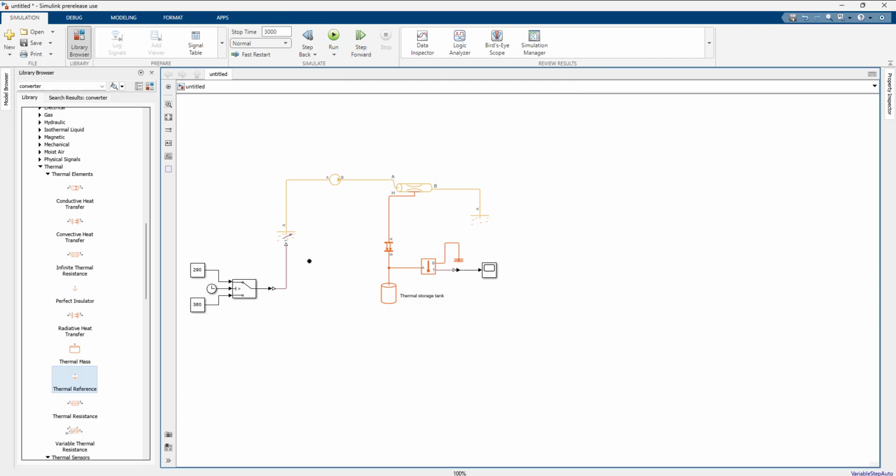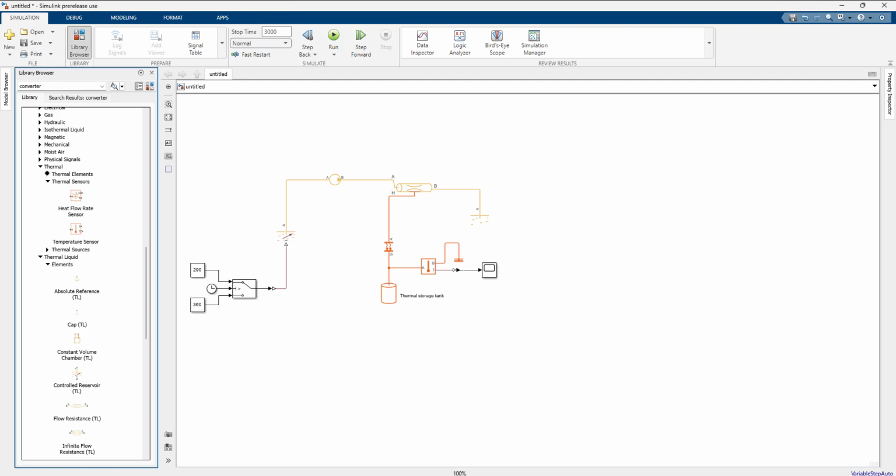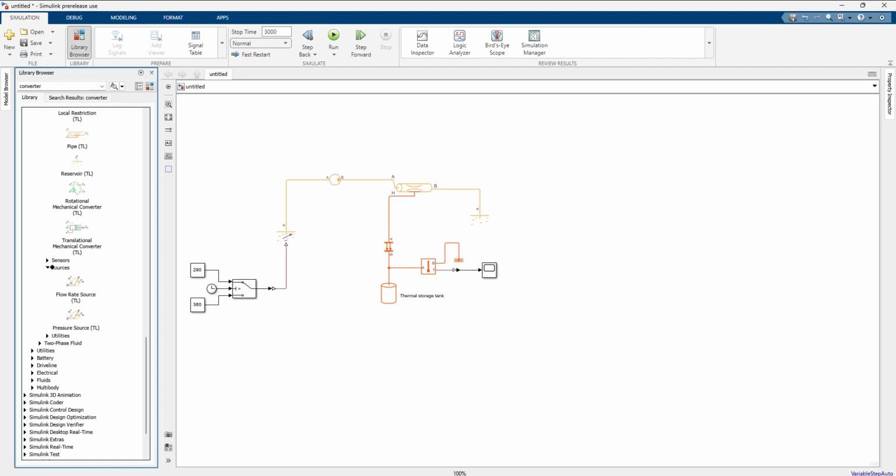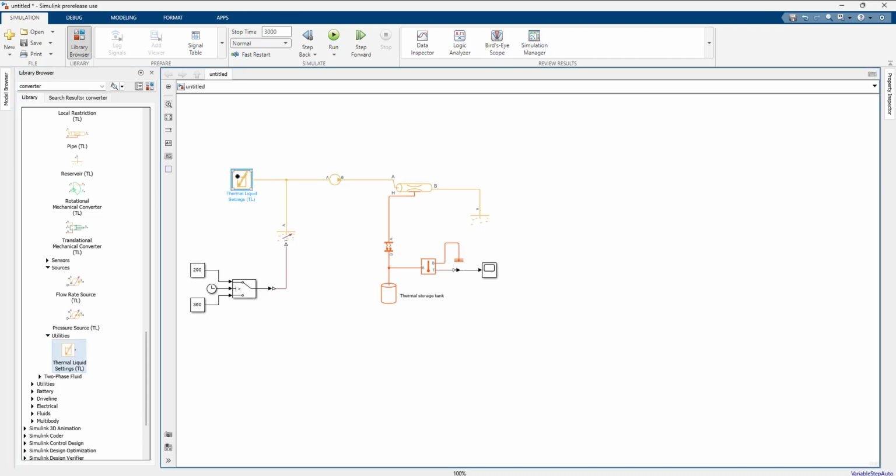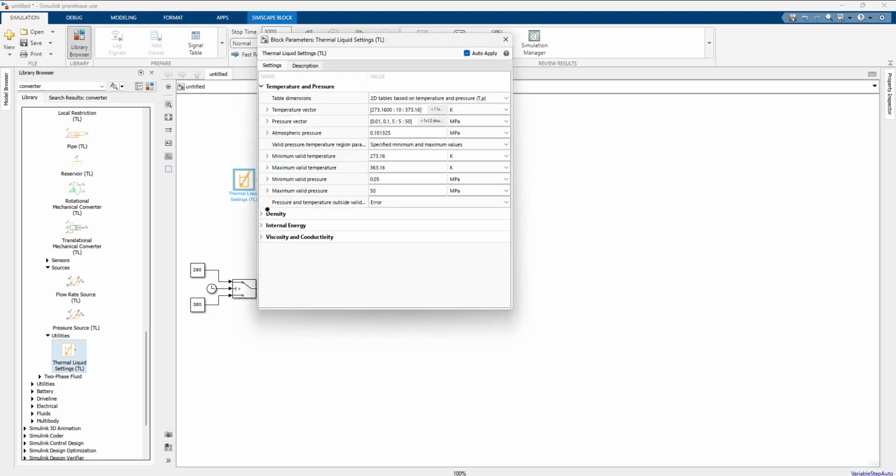That's it. And also, I forgot something. Let's go to utilities, thermal liquid utilities, and connect this thermal liquid sensor to settings. As you can see, it's for water.